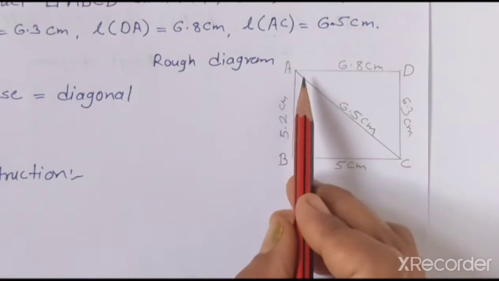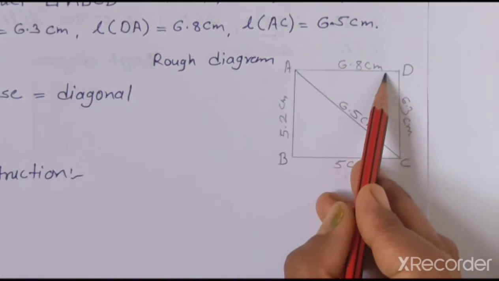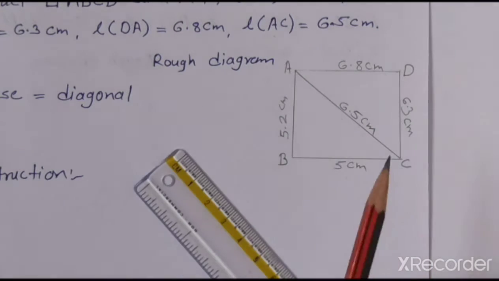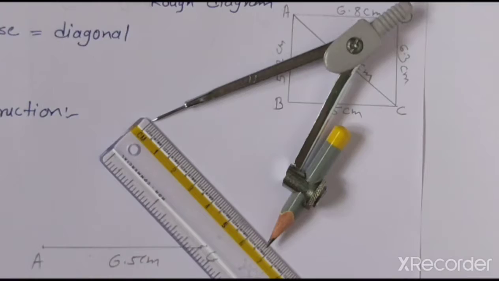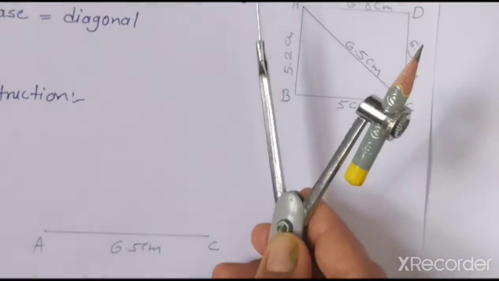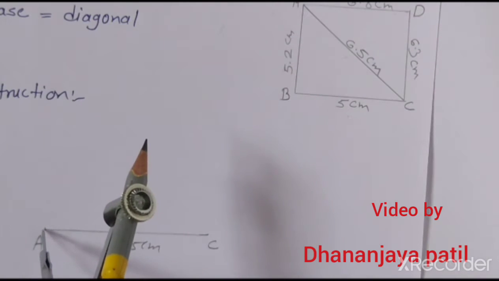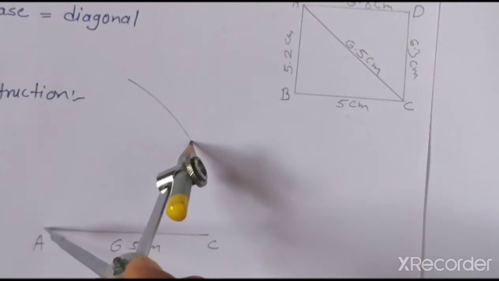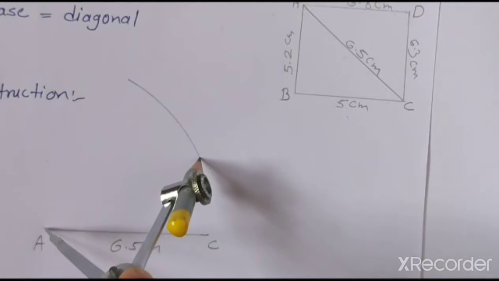Now we will draw this segment AD, 6.8. So take 6.8 in a compass and make an arc from point A. Here I am drawing first a bigger arc, which is equal to 6.8.